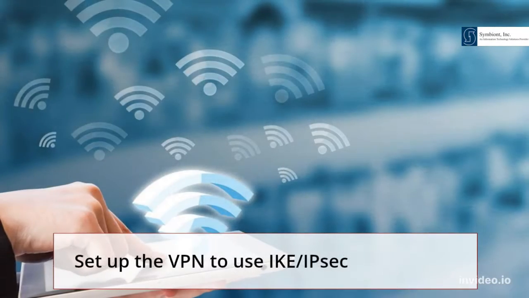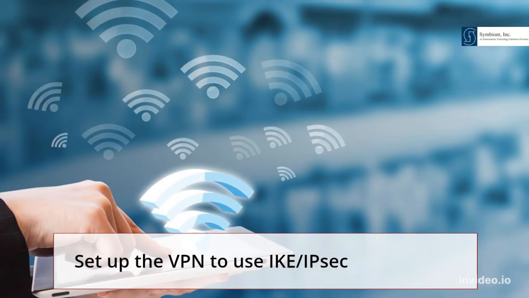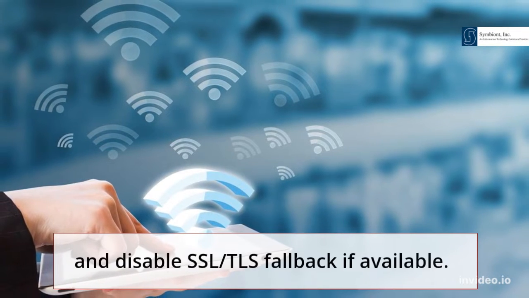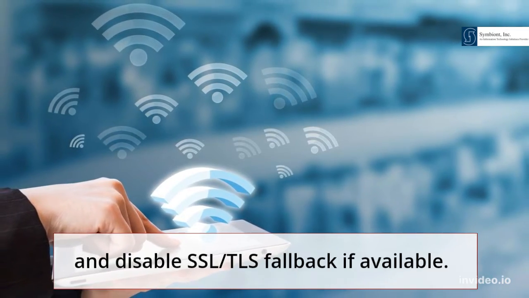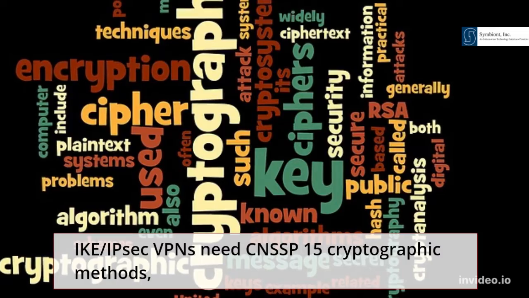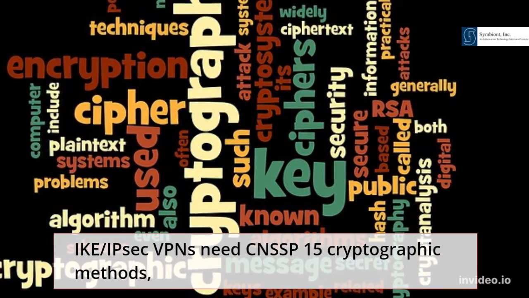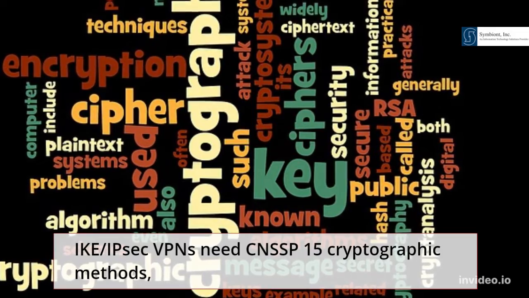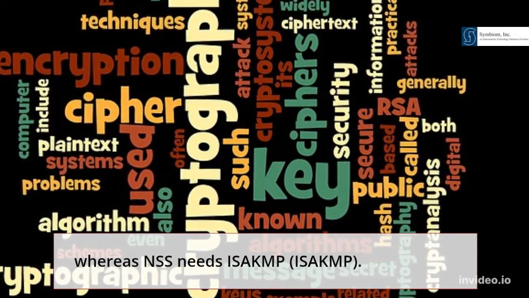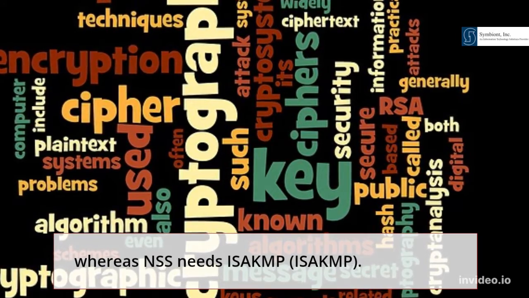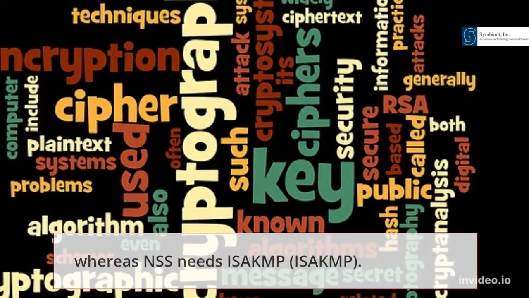Set up the VPN to use IKE IPsec, and if possible, turn off the SSL/TLS VPN functionality and fallback options. For IKE IPsec VPNs, you need cryptographic algorithms that comply with CNSSP 15, and for NSS, you need the Internet Security Association and Key Management Protocol, ISAKMP.